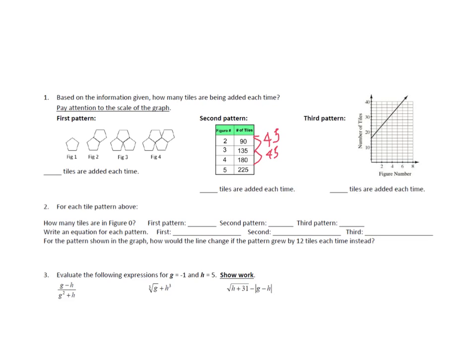How many tiles are added each time? The y starts out at 16, and by the time it's at figure 1, it's at 20. What is the difference between 16 and 20? Well, that's your answer for how many tiles are added each time.